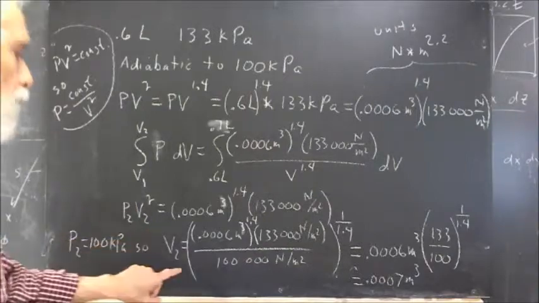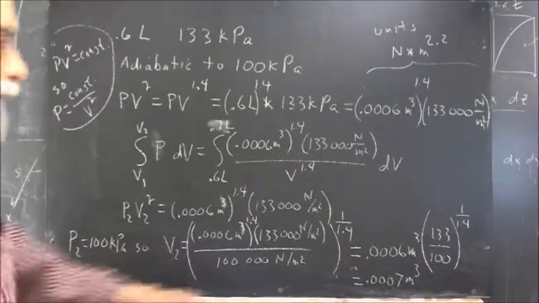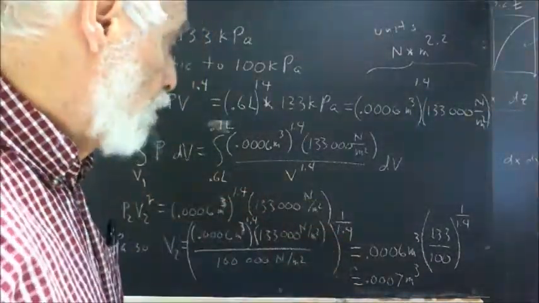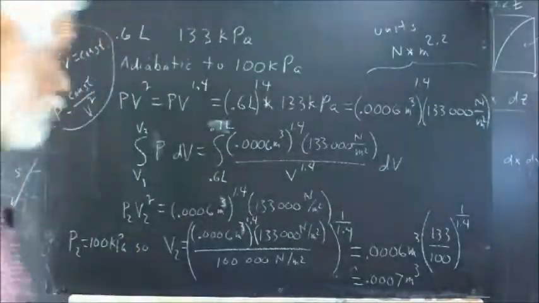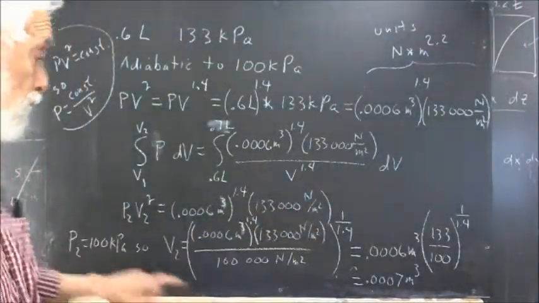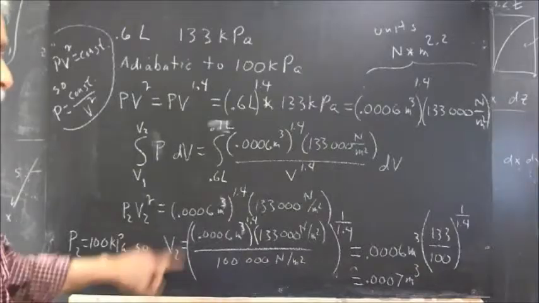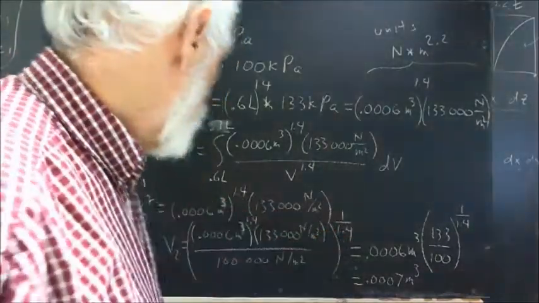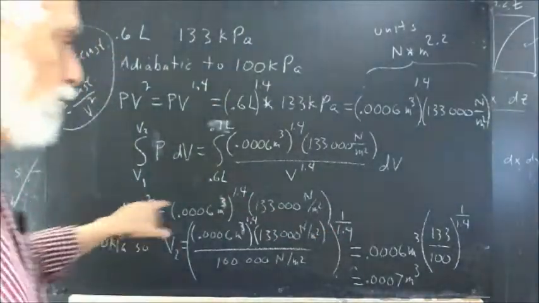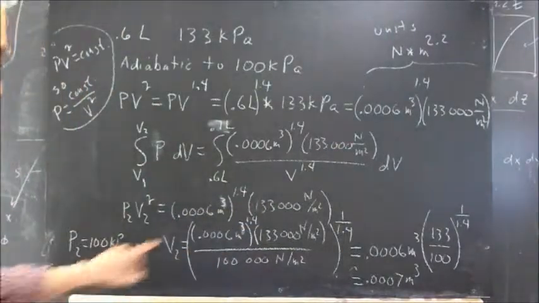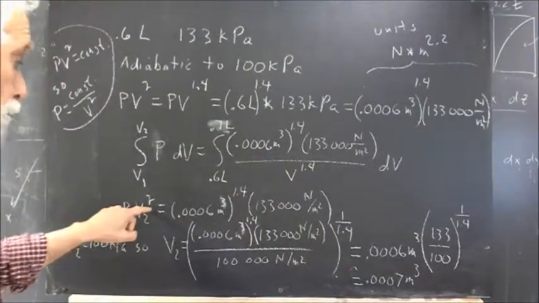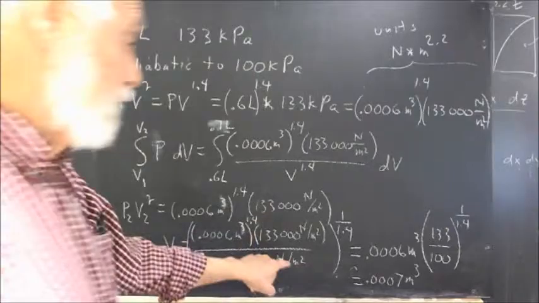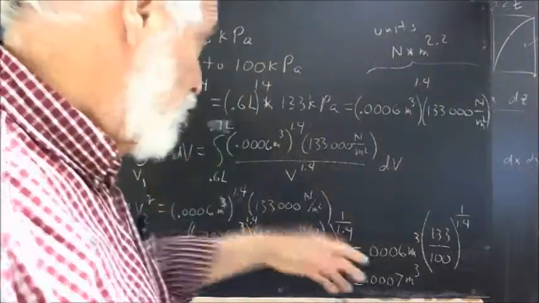We're solving this for V2, so I've taken the 1 over gamma, or 1 over 1.4 in this case, power of both sides to get V2. So V2 is going to be all this raised to the 1 over 1.4. Again, I'm just dividing this expression by P2, the 100,000 pascals, then taking the 1 over gamma power to get this, and that works out.